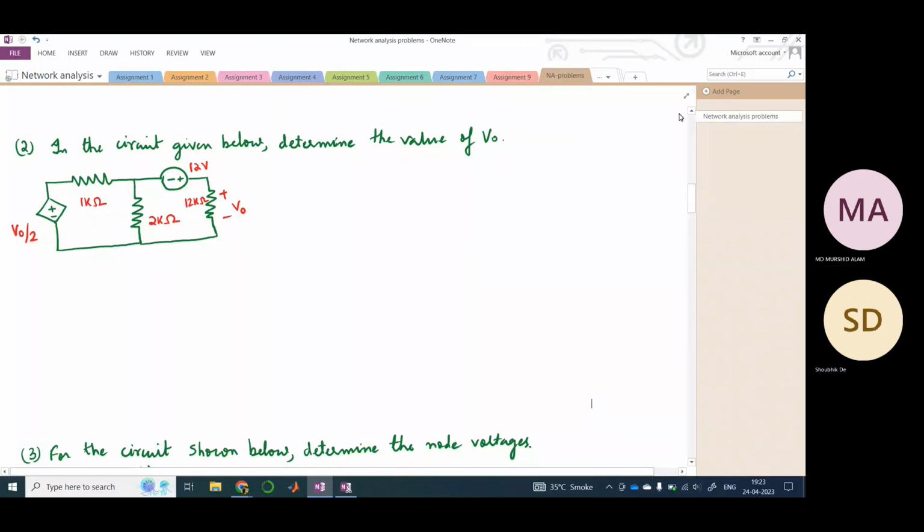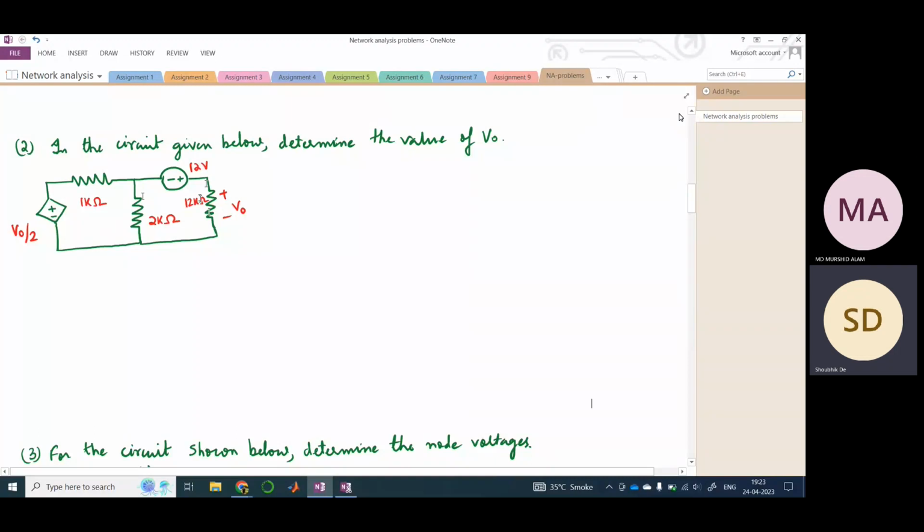So here, what is mentioned is that we need to find out the value of V0, right? So this problem is pretty simple provided you know the analysis. Now for finding out the V0, you can apply KVL here. I mean, here there would be two meshes, but what I would do, I would apply KCL in order to make you understand the concept of supernode.